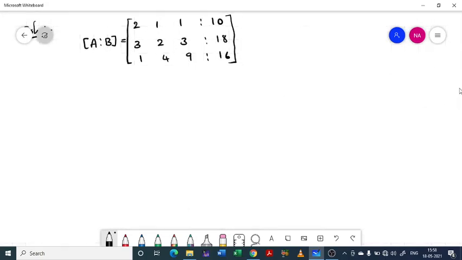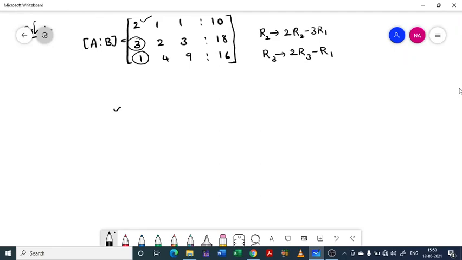Now, as I said, we have to make these to 0 using this entry. Now the suitable operations are R2 changes to 2R2 minus 3R1, R3 changes to 2R3 minus R1.